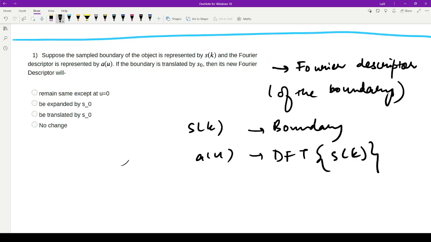Anyone? There are three or four properties that were given in the slides, and it uses one of them. If you just blindly check it, a dash of u will be a of u plus s naught times delta of u, where delta is the Kronecker delta.